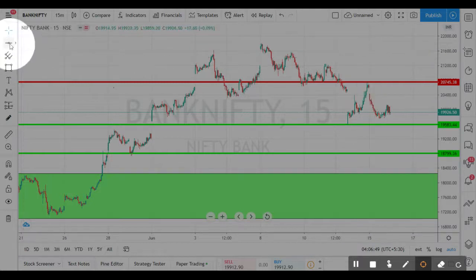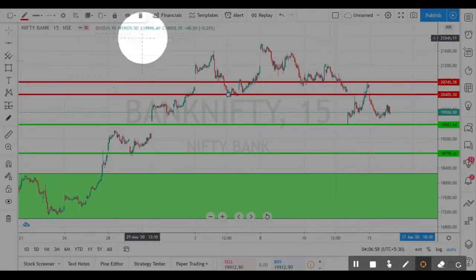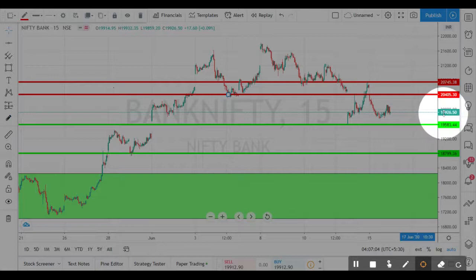We will plot this nearby resistance also at 20,400. We will give red color to our resistance. Now current market price is 19,926.50. So above the current market price, our nearby selling pressure area is 20,405 here and 20,745 here.